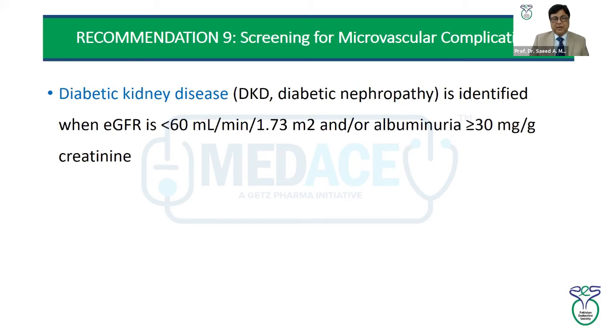Diabetic kidney disease or diabetic nephropathy is identified when eGFR is less than 60 or albuminuria is more than 30 milligrams. So someone who has persistent macroalbuminuria and a declining eGFR definitely has diabetic kidney disease.